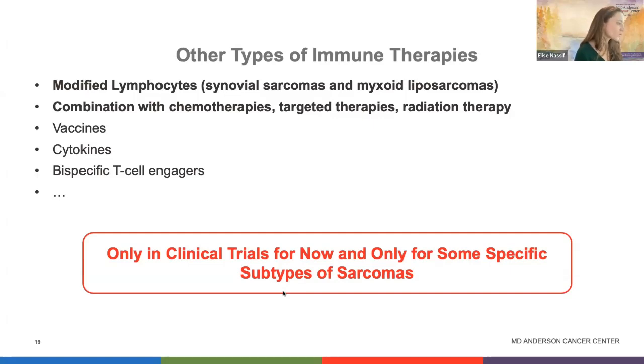The most promising one that we're hoping is going to get approved as standard of care in the next few years are the modified lymphocytes, specifically for synovial sarcomas and for some patients with myxoid liposarcomas.